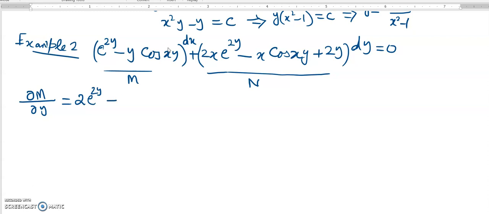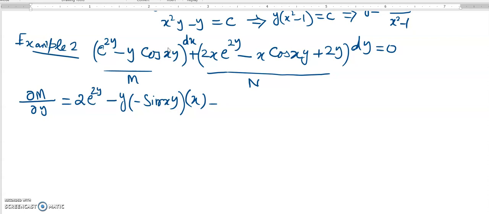It will be minus y into minus sine xy. Cosine is minus sine xy, and from the chain rule, xy, x is a constant and we are differentiating with respect to y, so it will be x.